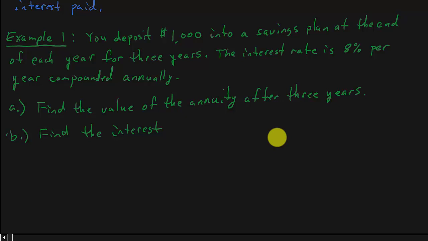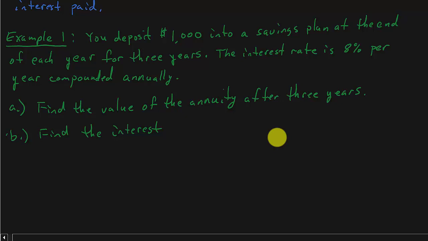Now, one thing you might have noticed so far is we don't have a formula. In the past stuff that we've done in this course, we've had formulas for everything that we just plug in. Well, we're going to get a formula after this example.